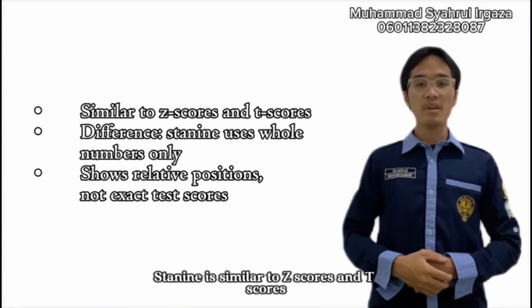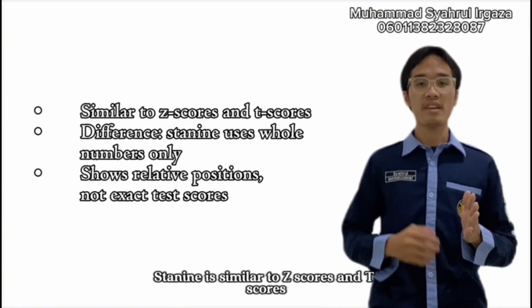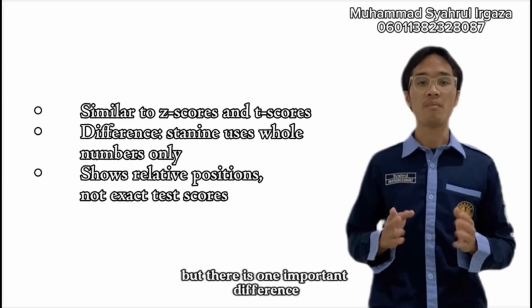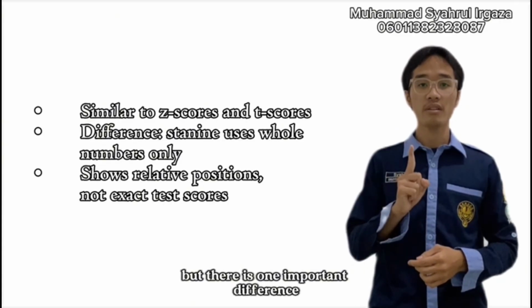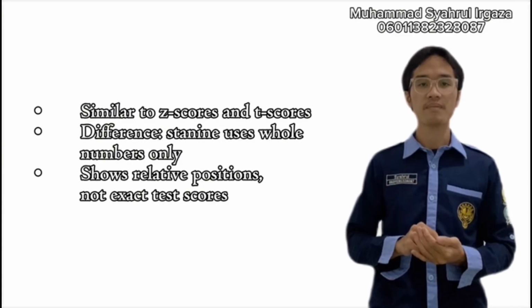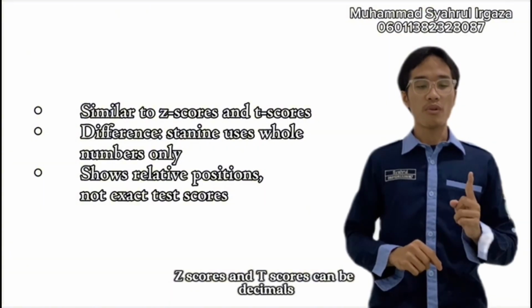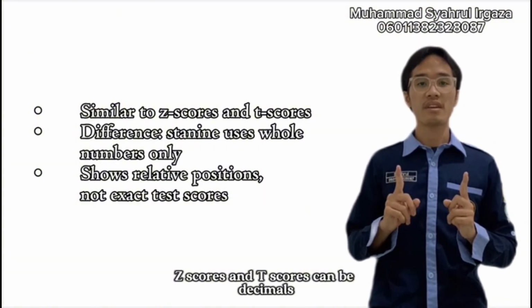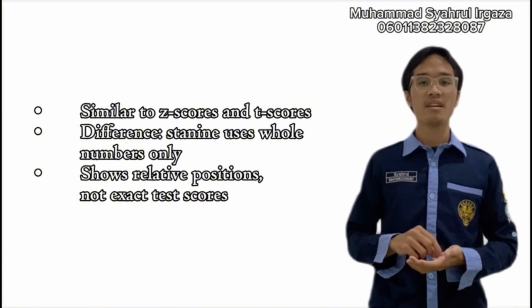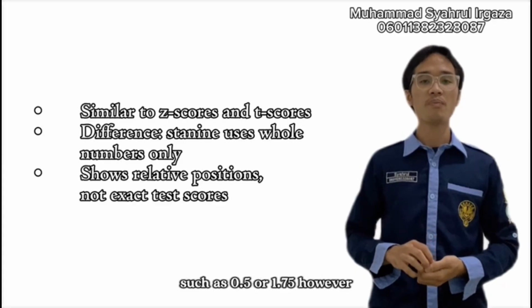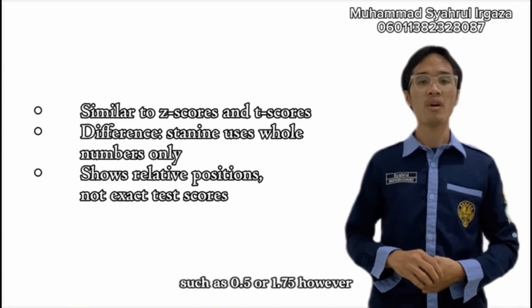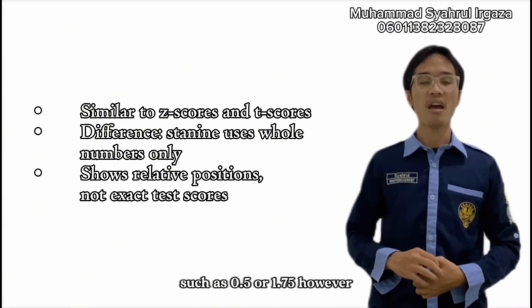Stanine is similar to Z-scores and T-scores, but there is one important difference. Z-scores and T-scores can be decimals, such as 0.5 or 1.75.